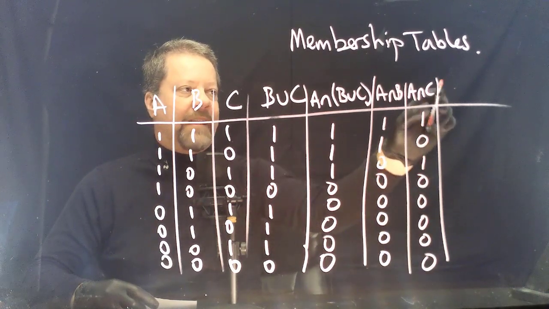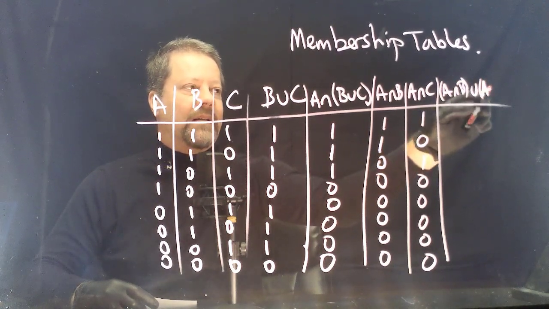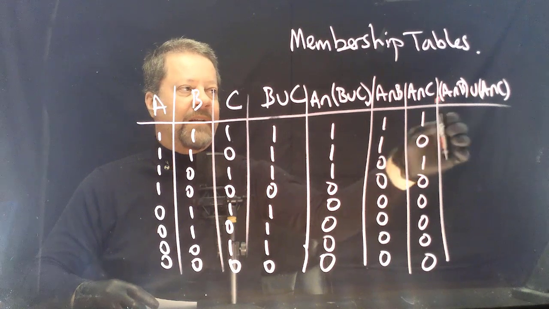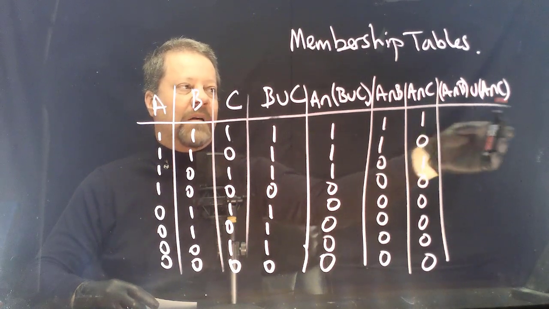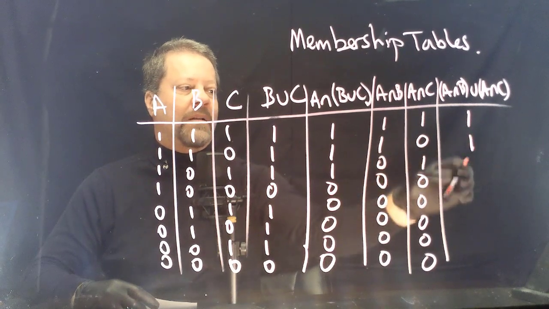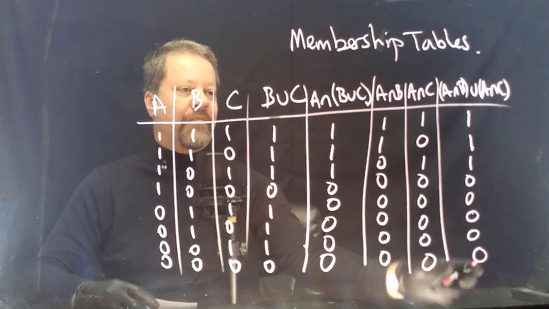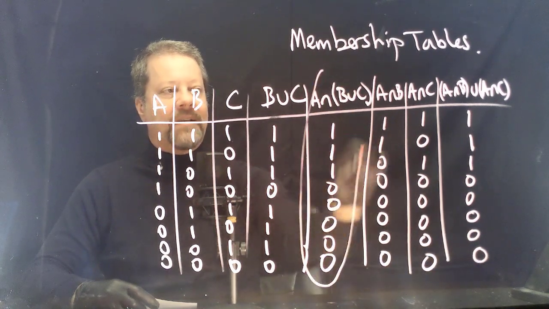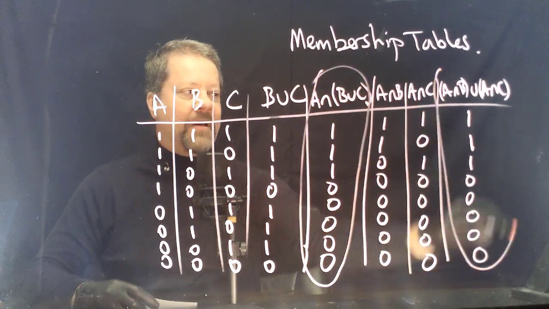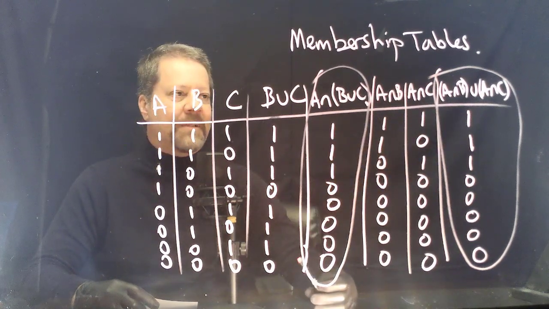And then finally, A intersect B union A intersect C. That's A intersect B or A intersect C. So it's an OR statement between these: 1, 1, 1, 0, 0, 0, 0, 0. And you can see that these tables are the same, and so we have the equality of these two statements.